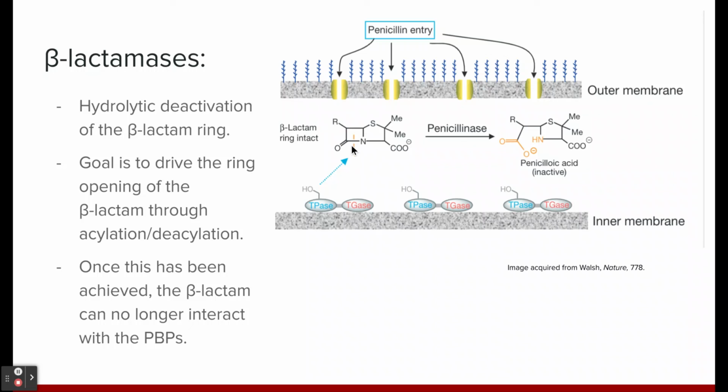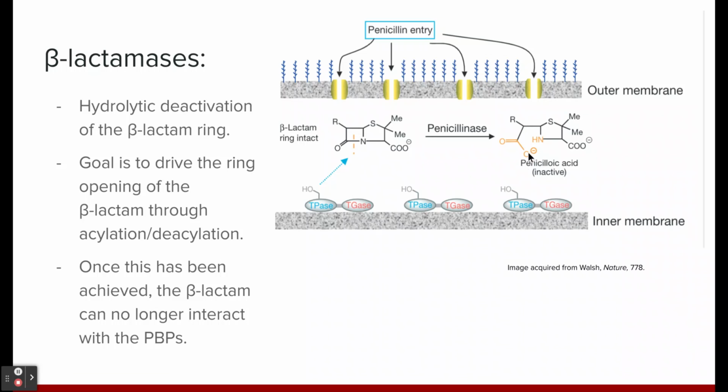When the ring is intact, the transpeptidase enzyme is going to interact with this molecule of penicillin instead of the peptidoglycan, leaving it unable to cross-link. When a beta-lactamase like penicillinase is present, the goal is to drive the opening of this lactam ring.